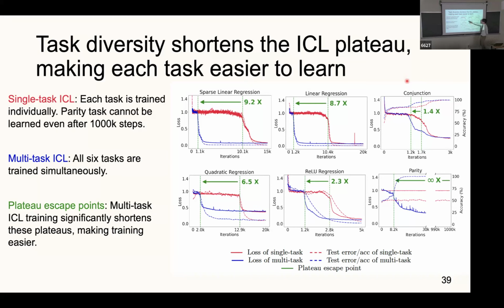But here the evaluation is only on sparse linear regression. The dotted line is the test loss. So our mental model in this scenario is that we only care about sparse linear regression. I don't care about parity. But I train together with parity and I learn to do sparse linear regression faster.